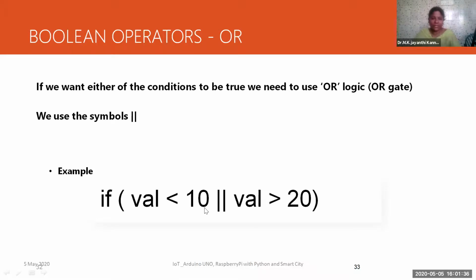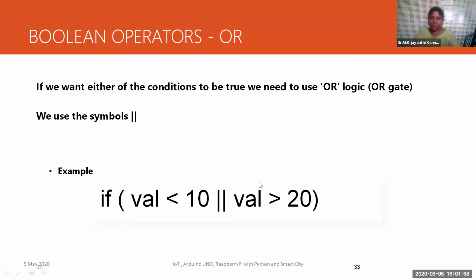If value is less than 10 or value is greater than 20, and the condition is true, it will be executed. If you want either of the conditions to be true, we need to use the or logic or OR gate. So if this or that, any one condition is true, the result will be true. If both the conditions are false, then the result will be false.